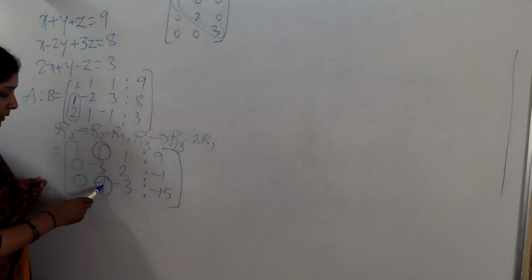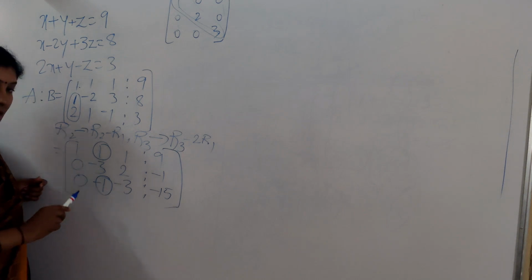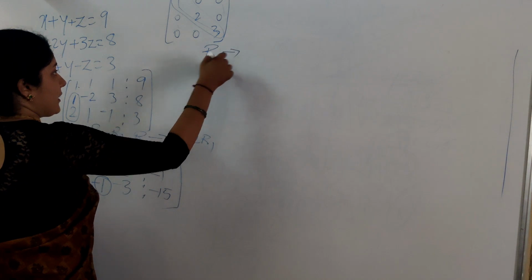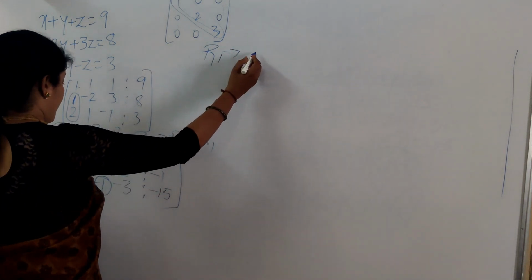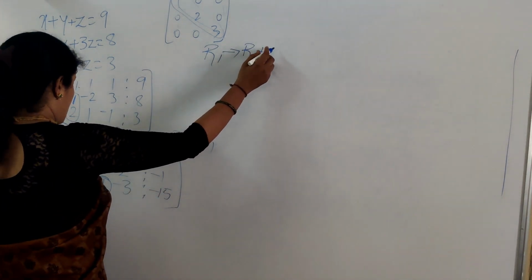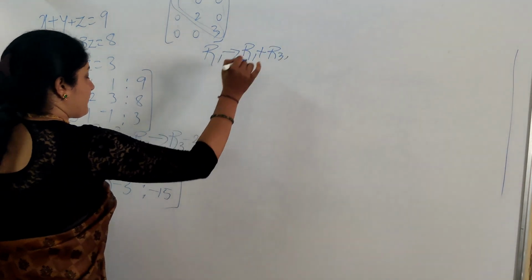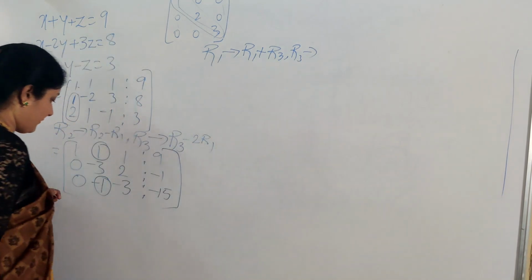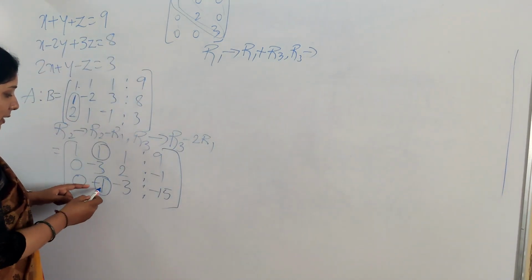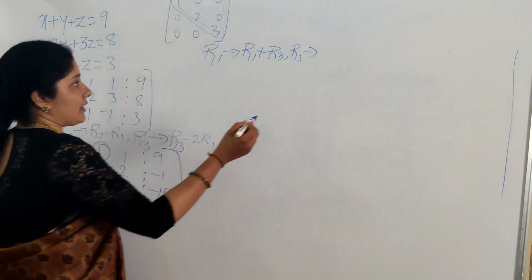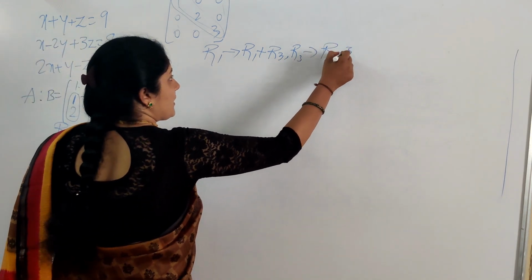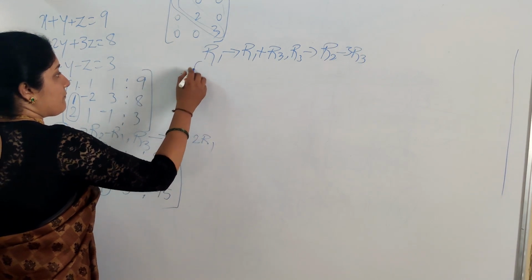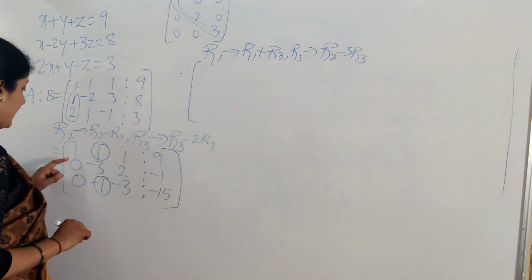So R1 is R1 plus R3. Next, R2 has to be R2 plus 3R3.